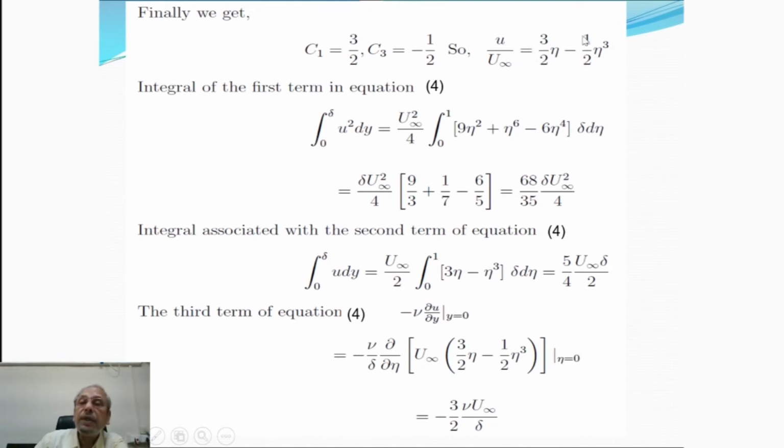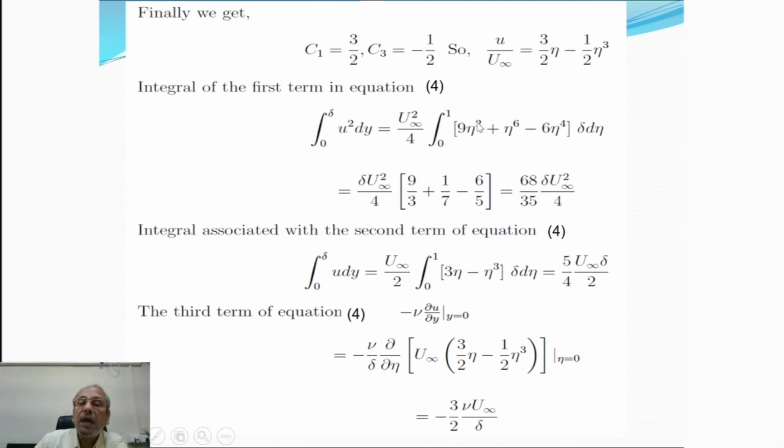U by U infinity we know, so we substitute u square and perform the integral. With y by delta equal to eta, dy means delta d eta.